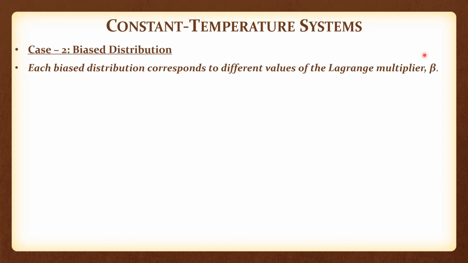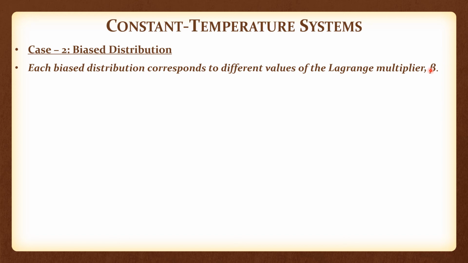In addition to that, I can tell you, when I set this Lagrange multiplier to a certain value, in this simple example, beta equal to 0, that's not always true, then the distribution becomes unbiased.